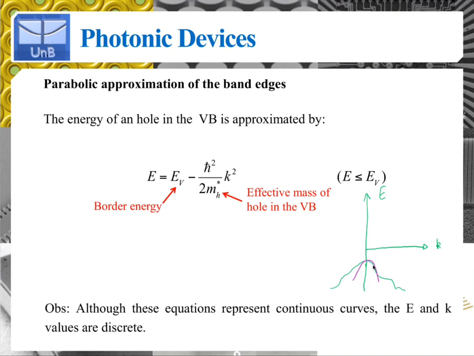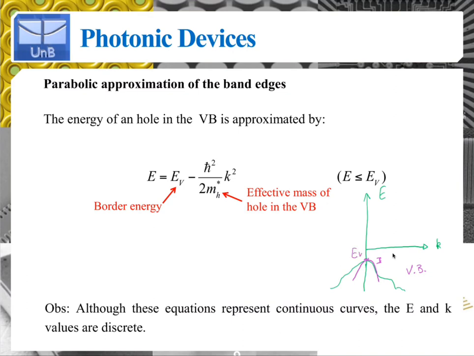It might not seem so in my drawing, but this is actually a very good approximation, considering that the states that we are concerned with here, both in the conduction band and the valence band, are states that are close to the very edge of the band, so mostly this region. So parabolic approximation is a very good approximation here.